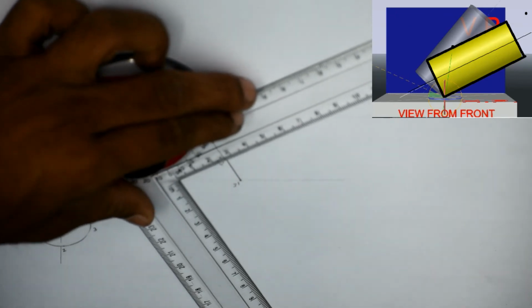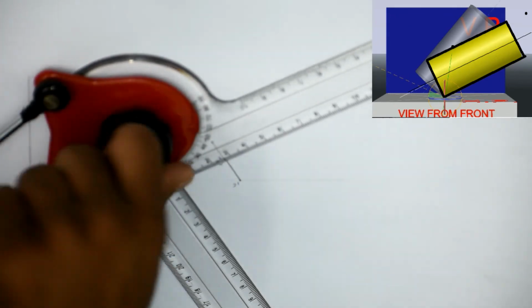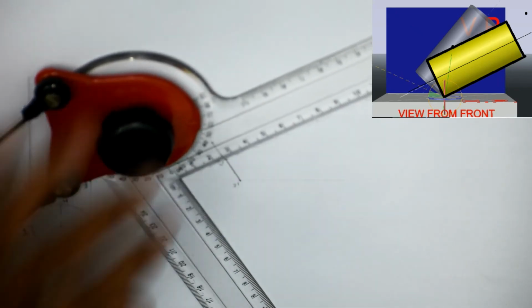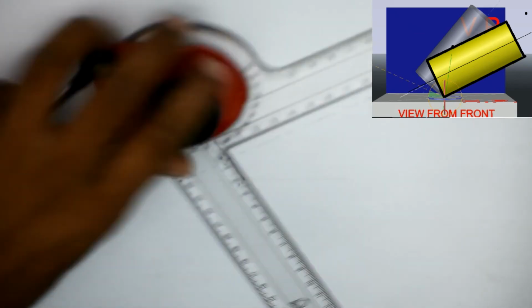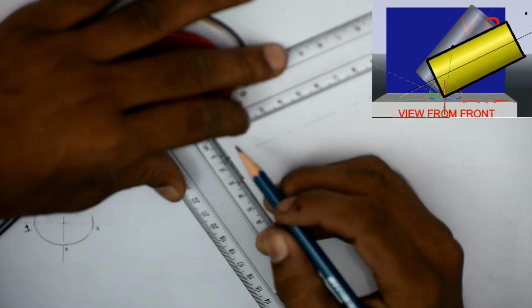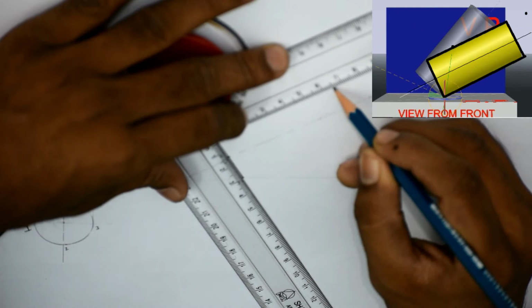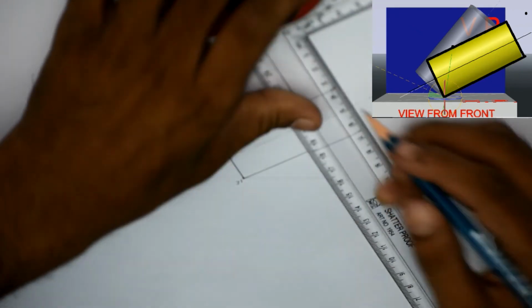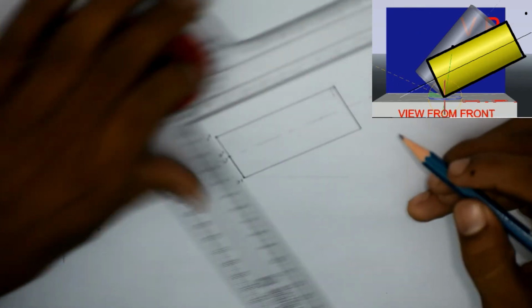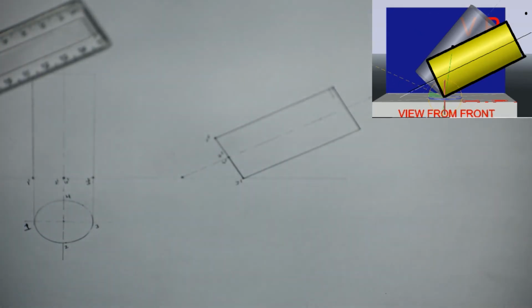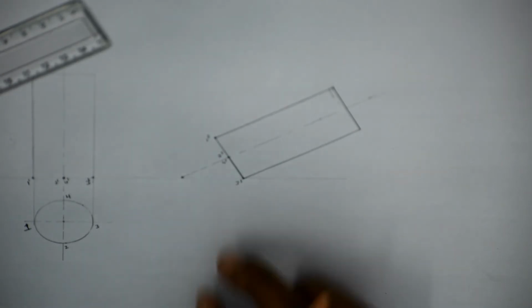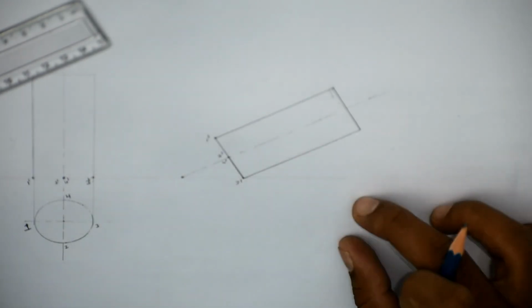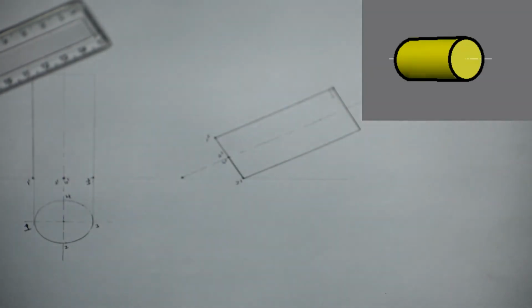As I have the inclination angle of 30 degrees here, I have locked this drafter and the scale will not shake with the 30 degree angle. So I need to draw the 65 mm line because the axis height is 65 mm. So this completes our front view. But observe that for the top view, we need to get projection from this top view and also from the front view.